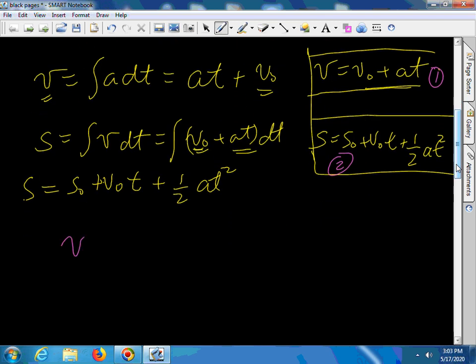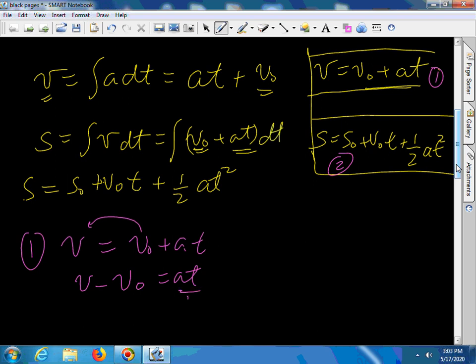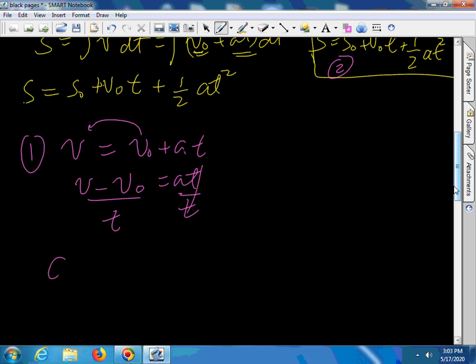And from the first formula, we could solve for a. We bring this over. We get v minus v0 is equal to at. And then we can either divide by a or t. If we divide by t, then we get what a equals. A is the change in velocity, final velocity minus initial velocity, over the time.